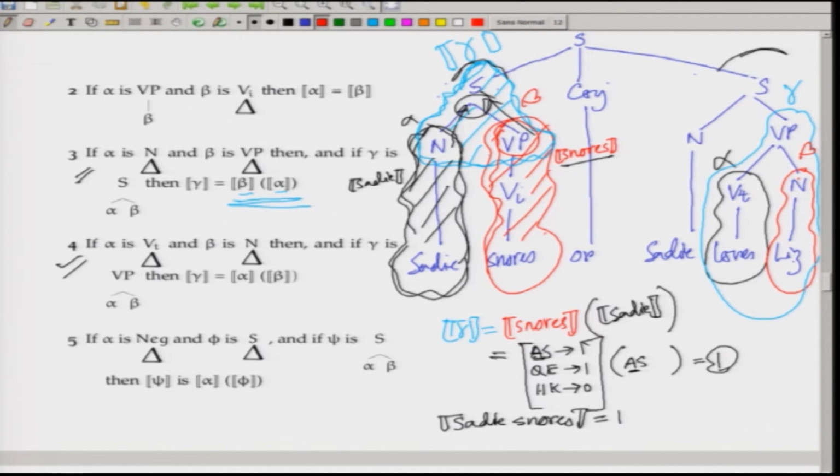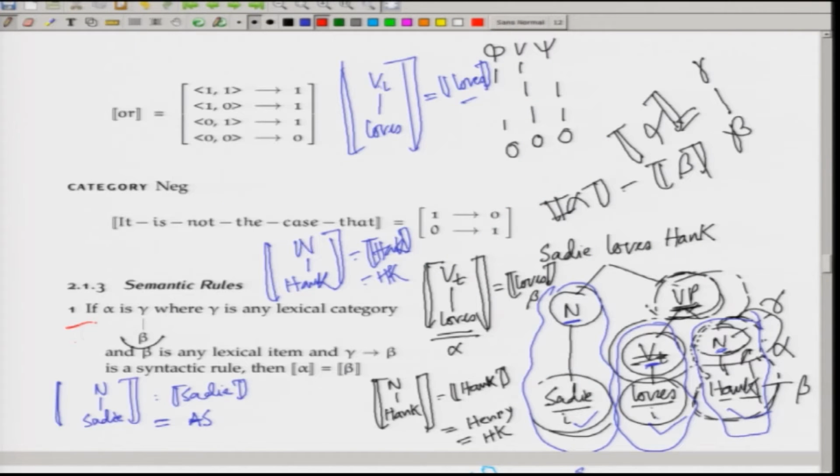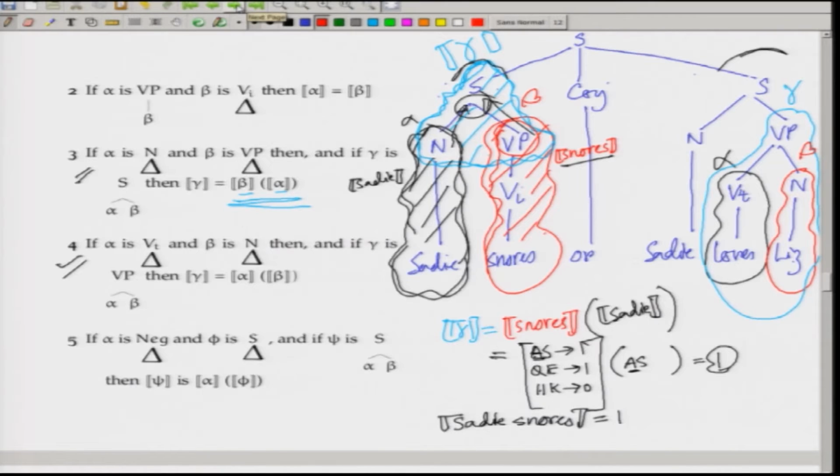By applying rule 1, we determine the truth value of this, that is VT goes to loves, and it will be nothing but loves, that is, the denotation of loves will be the denotation of alpha, and the denotation of Liz will be the denotation of beta.